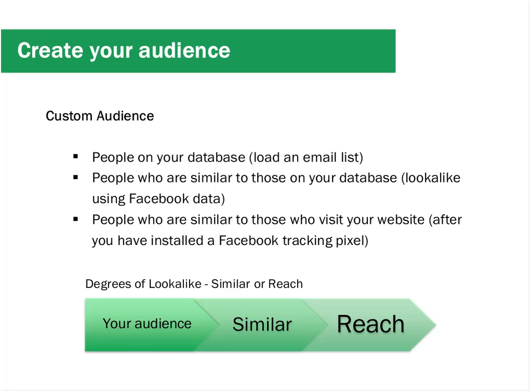The first one is people who are similar to those on your database, and then further out from that is what they call a reach audience. People who are similar or more closely matched in their demographics, their likes and interests. The reach audiences are more broadly matched, so looser criteria, I guess, for providing that matched audience.